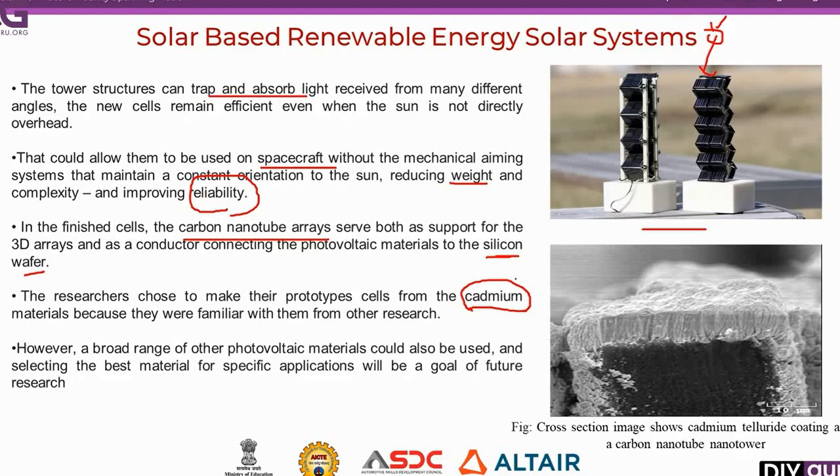So they are working on the cadmium material. However, a broad range of materials can be used to increase the performance of the system. So in the near future, these types of cell arrangements could replace the existing solar panel structure.